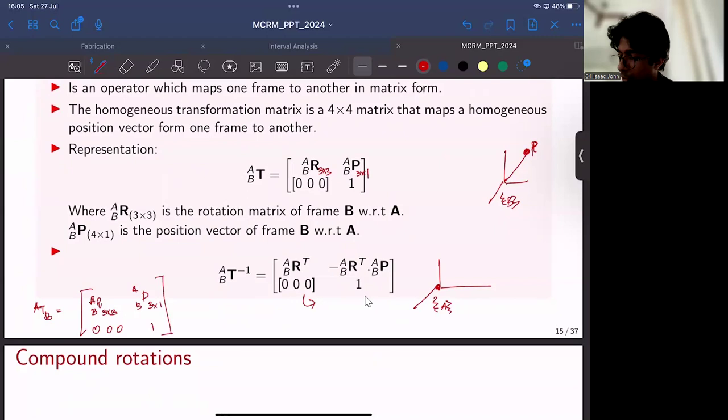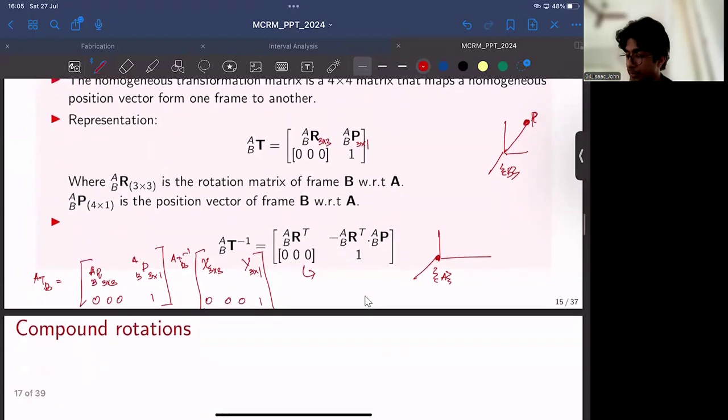If your objective is to find ATB inverse, for the time being you can consider the rotation matrix to be an unknown 3x3 matrix, the position vector to be an unknown 3x1 vector, and the final row as 0, 0, 0, 1.